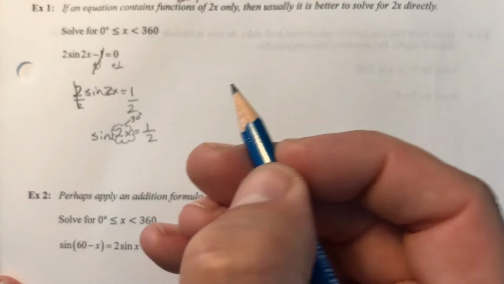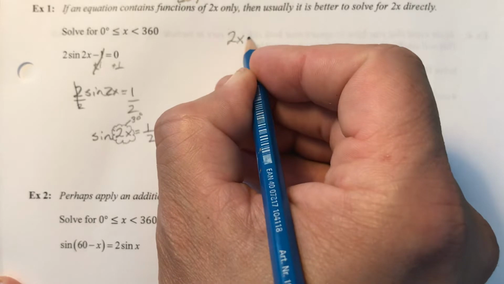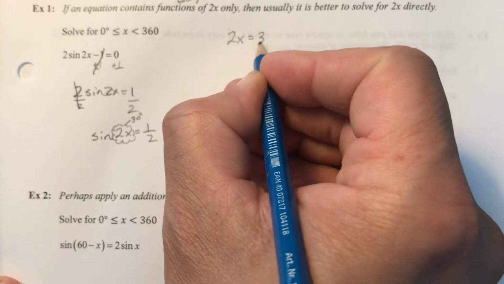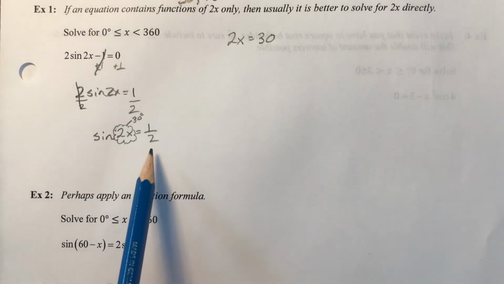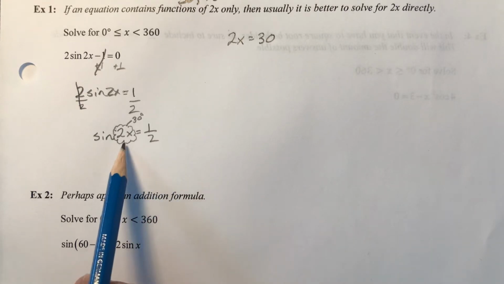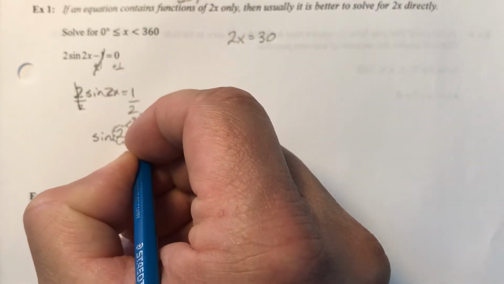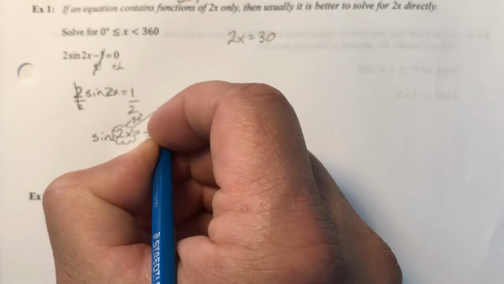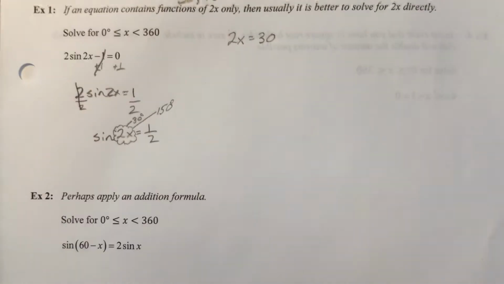So what you're saying is that this double angle, this 2x, has no choice but to be exactly equal to 30. Now we got to be careful also, because sine is positive in quadrants 1 and quadrant 2. So 30 degrees is not the only thing that this bubble could be. This bubble could also be 150 degrees, as we've seen from the do now.